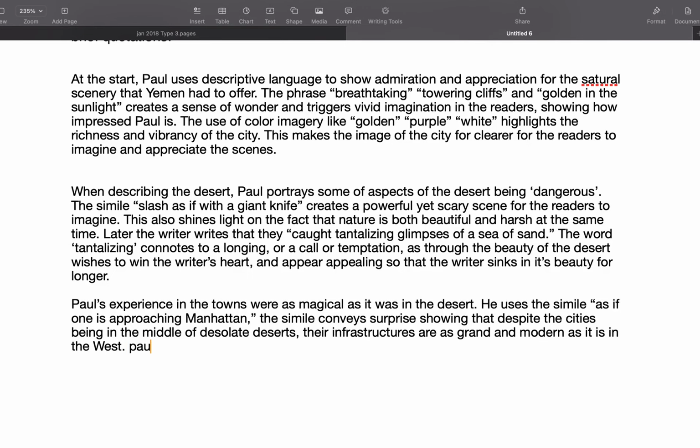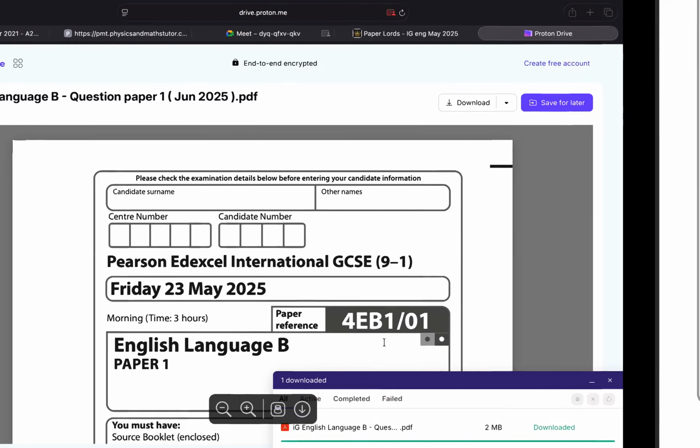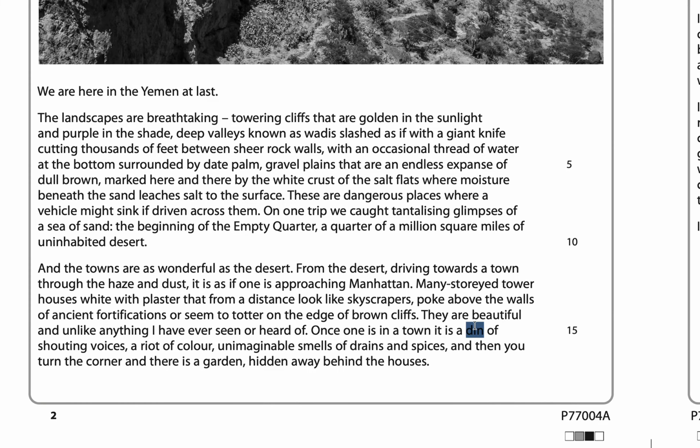So Paul lists. What does he list? Sensory images. I don't know if you guys know what sensory images are. You should know what sensory images are. They're descriptions of stuff that tells you how things sound, taste, look.